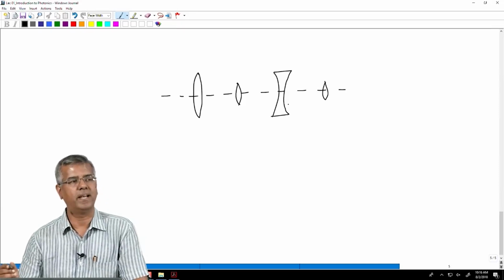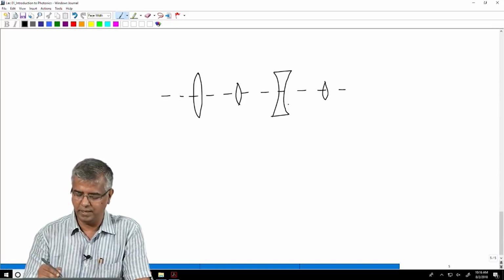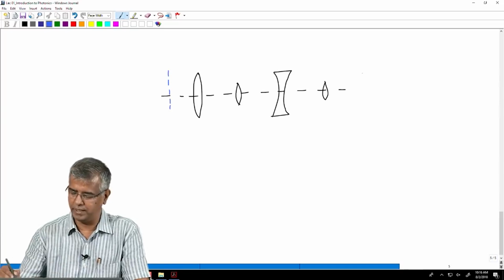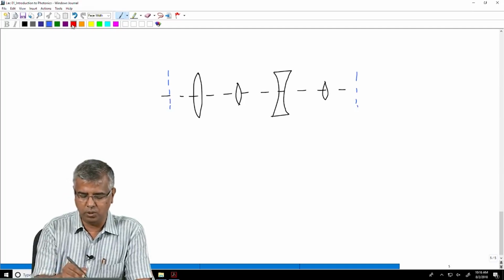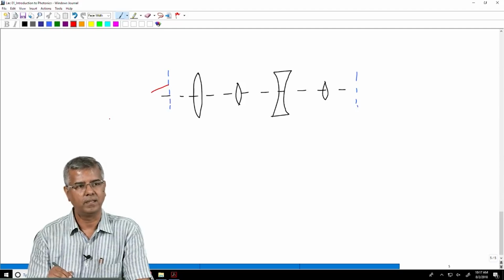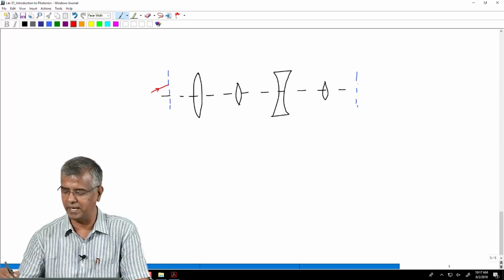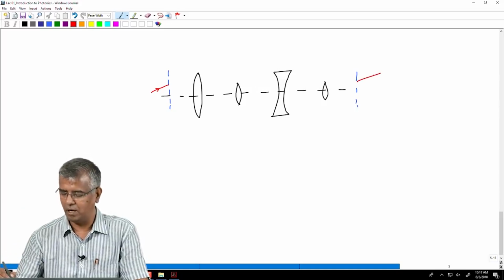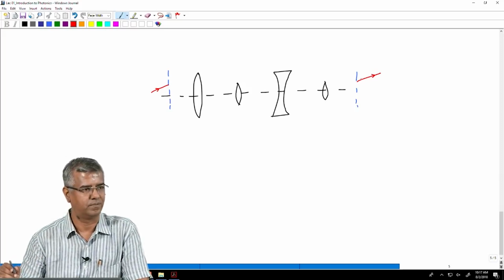So, if you want to analyze a system like this, what you want to know effectively is, if I consider a plane over here and a plane over here, okay, I want to look at a ray that is incident on this plane. What happens to the ray as it propagates through the system, and specifically I am interested in how the ray comes out of that optical system, right.